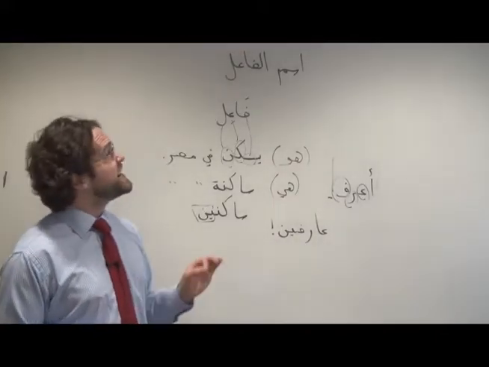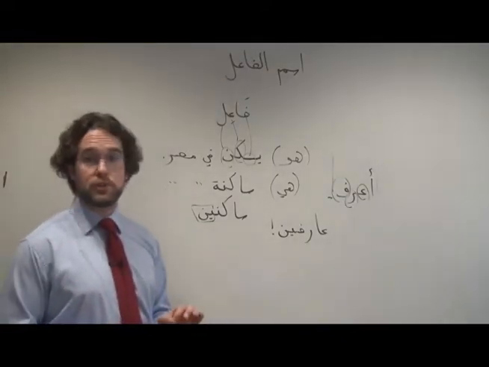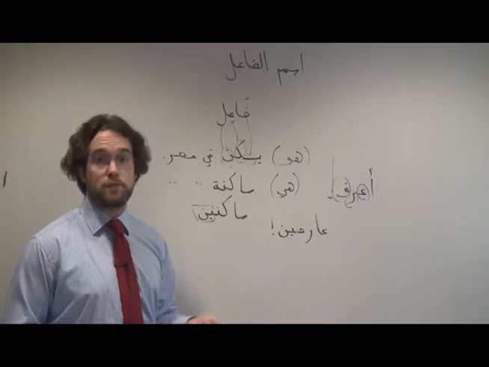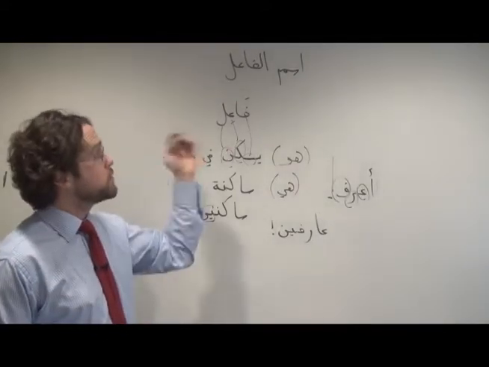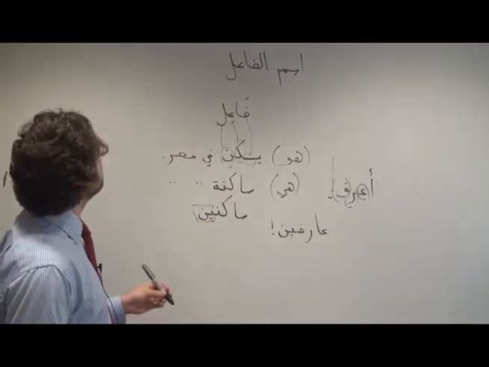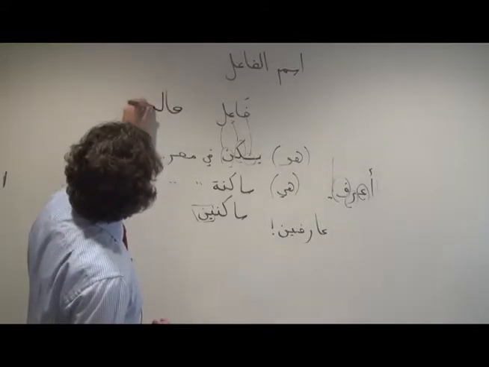A couple of points before we finish up. First of all, ism fa'il is definitely not uniquely a colloquial structure. In fact, a lot of words that are used all the time in Fusha, formal Arabic, and dialects are this form, ism fa'il. For example, one that you might already know is talib, right?